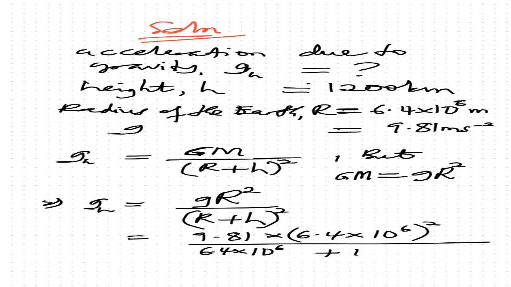Our g is in meters per second squared. Our R is in meters. We have to convert our H as well. So when we convert our H, it's going to be 1200, kilo is 10 exponent 3 meters. So here I'll get 1200 times 10 exponent 3, and I square all these.